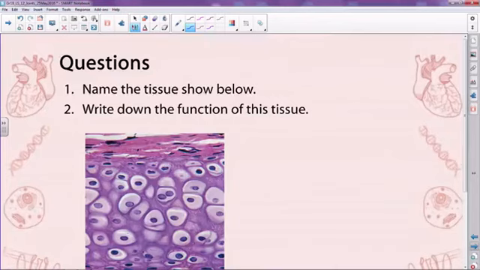I'm going to give you 4 tissues. You have got 2 minutes. After that 2 minutes, you are going to have a quick break. And when we come back from that quick break, we're then going to see if you were able to identify all the different tissues. Okay, your 2 minutes start now.